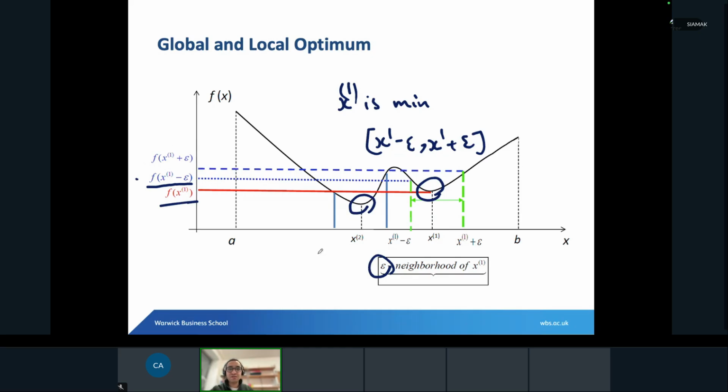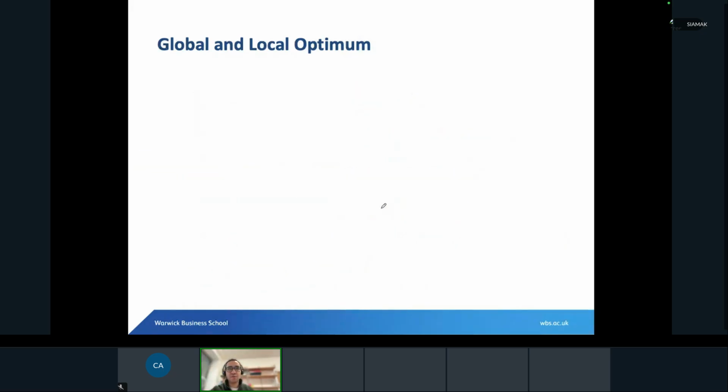And for any value x within this neighborhood, f of x is between these two, and still f of x1 itself is less than any value that you will get in between. So it is the local optimum that we have. This is the minimization problem that we have.